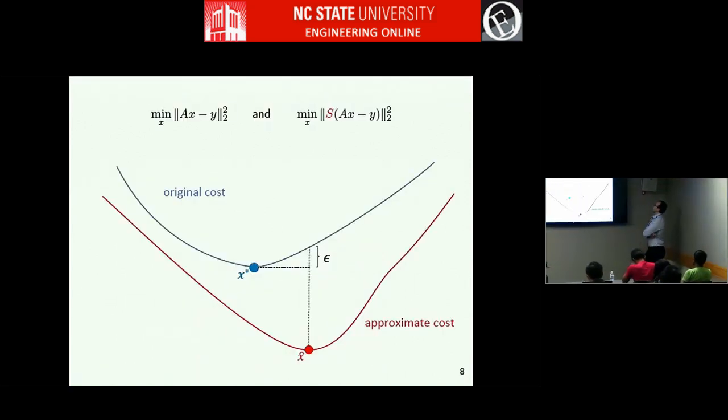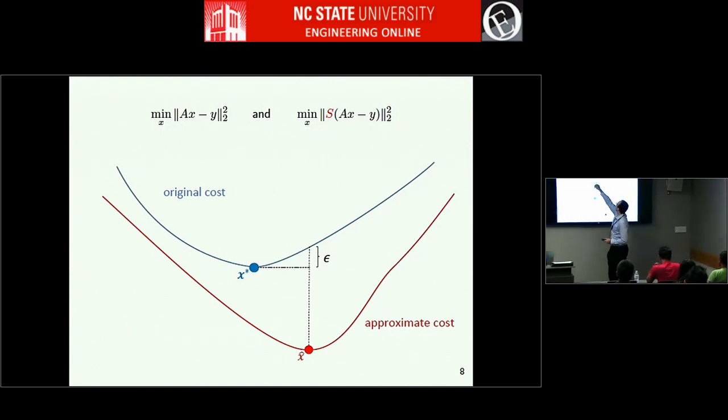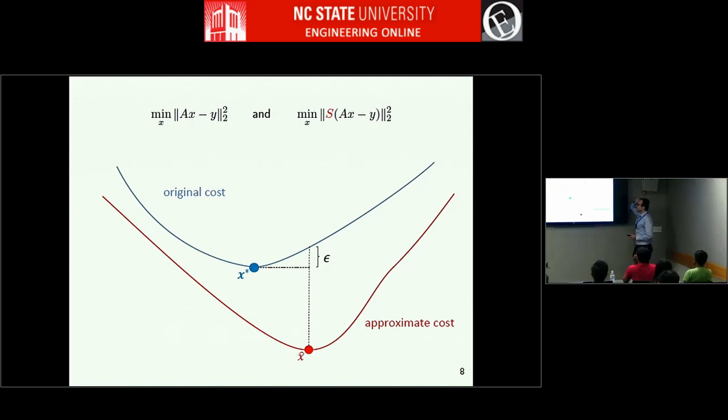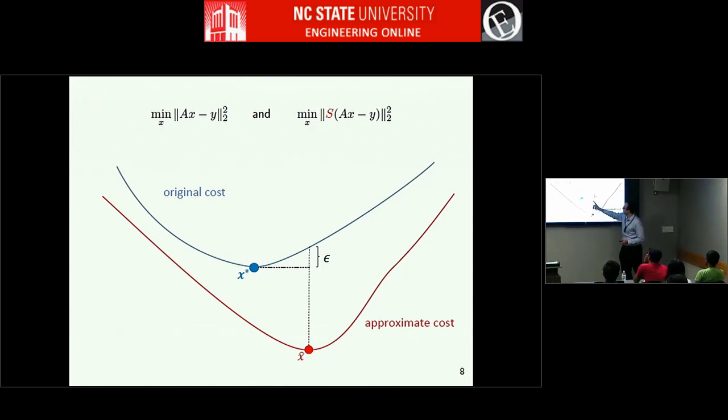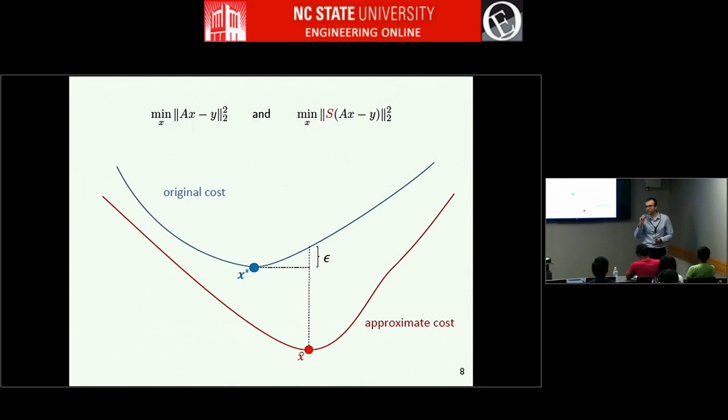So here's actually what happened. There was an original cost, this one, and there was an approximate cost which corresponds to this one. And the theorem says if you minimize this and then transfer this value here, look at the objective here, there will be at most an epsilon gap vertically, right, in the vertical space.